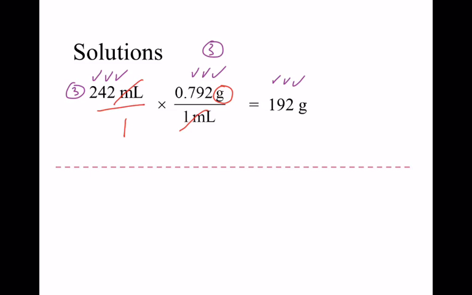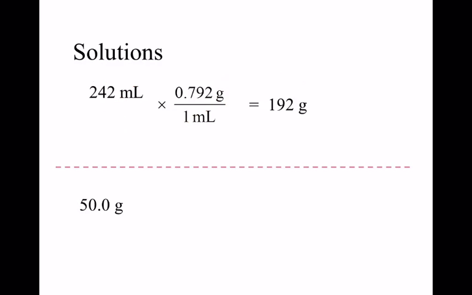Okay, so for the second one, our starting term is going to be that 50.0 grams over 1. Now in this case, if we want grams to cancel, we're going to have to use the reciprocal, or the flipped, of the density. So we're going to put 1 milliliter over 0.792 grams.